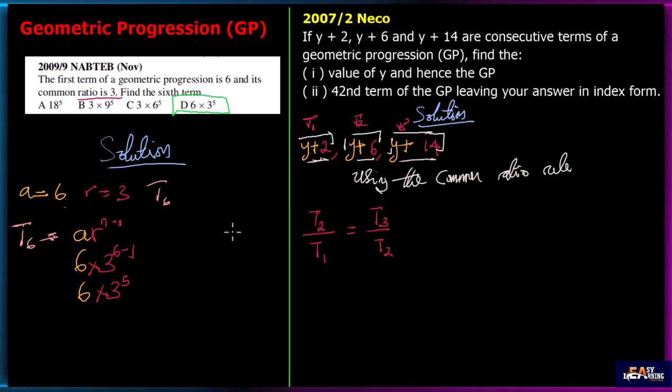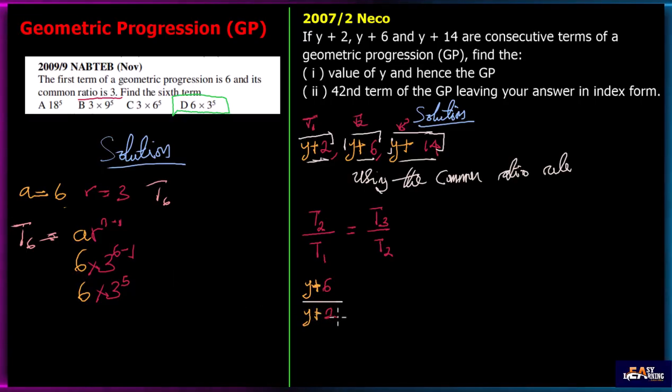Term 2 here is what? Term 2 is y plus 6, all over term 1. And term 1 is y plus 2. So we have here y plus 2.